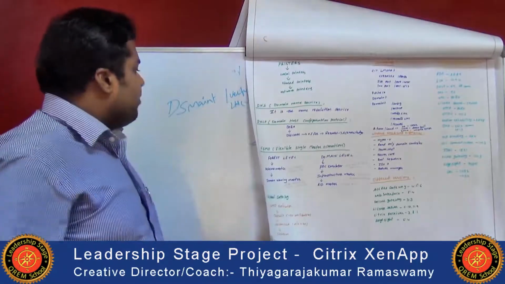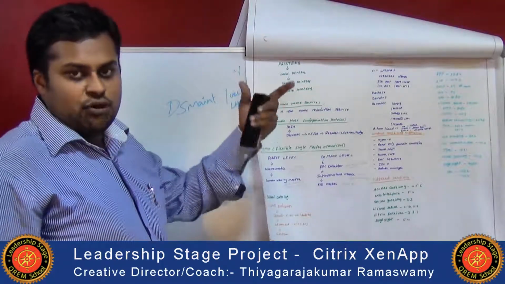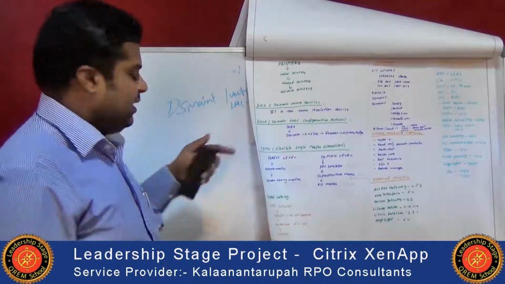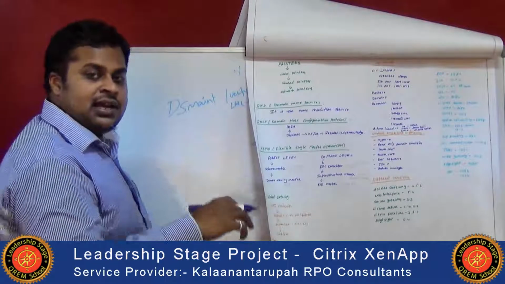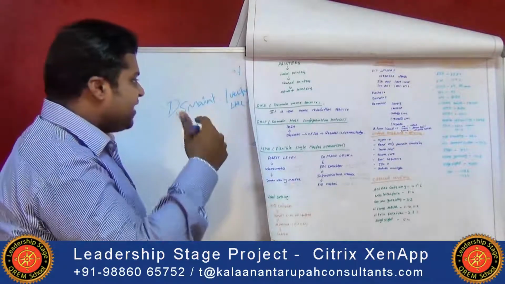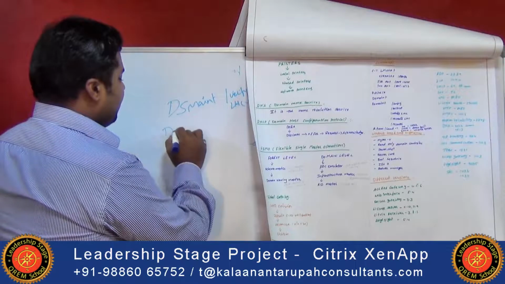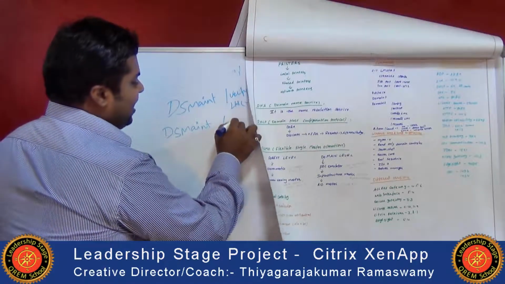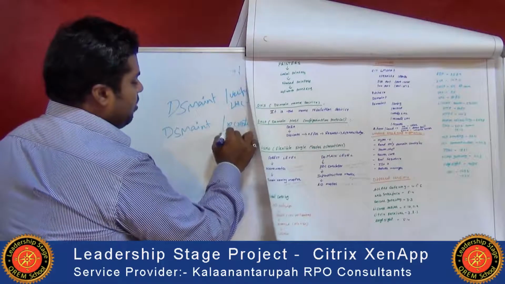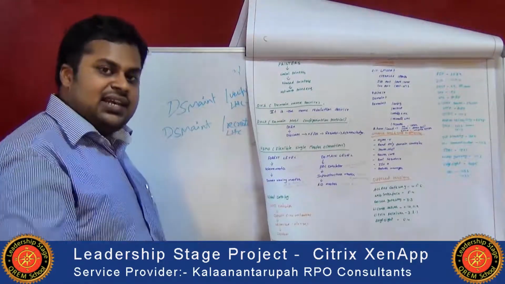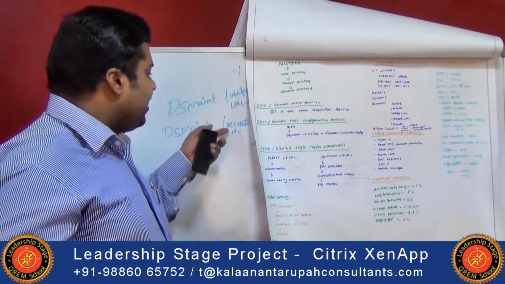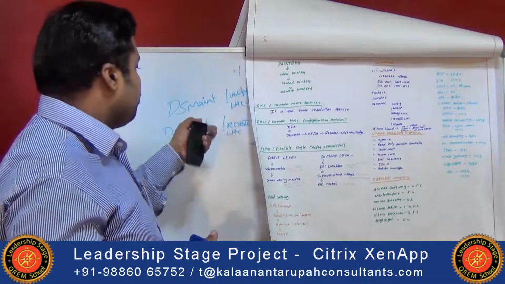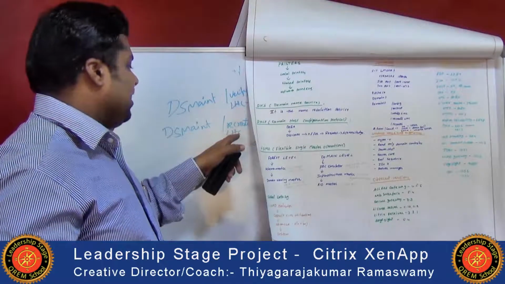When giving this command, it goes to the LHC and verifies it. If we already have an LHC but want to recreate it, we go for DSMaint /recreatelhc. By using this command, we recreate the LHC.